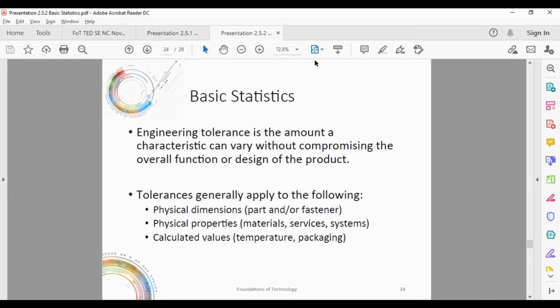Physical properties, materials, services, and systems. So how strong a material is could be one of them. How much a material weighs could be another one. Just lots of different things. And then calculated values like temperature.